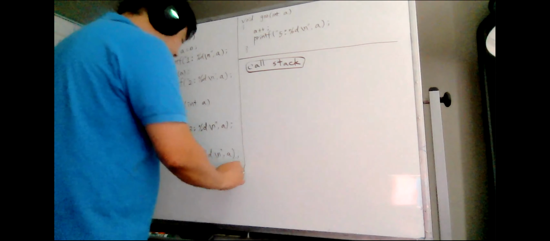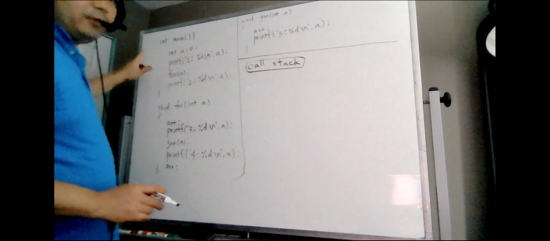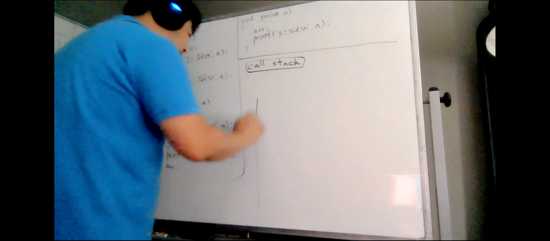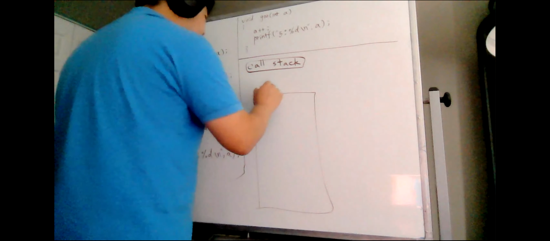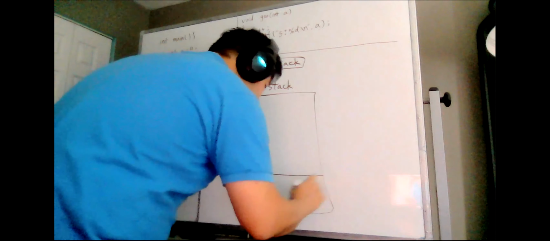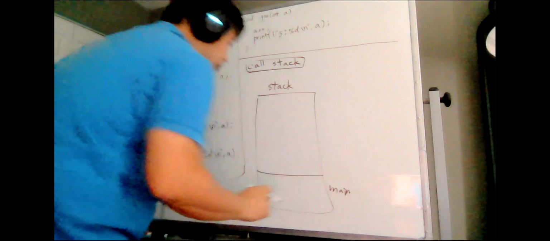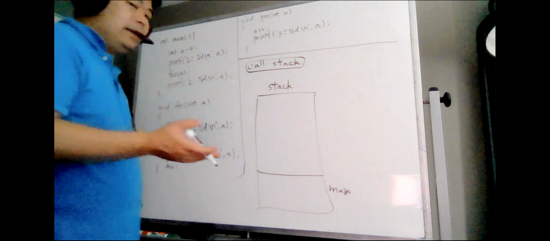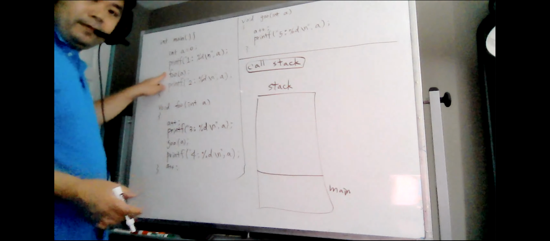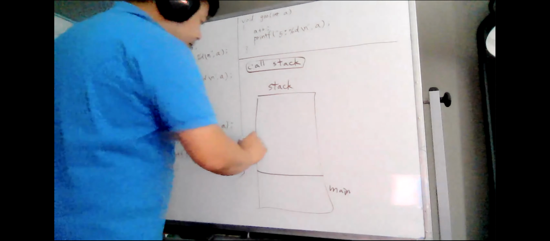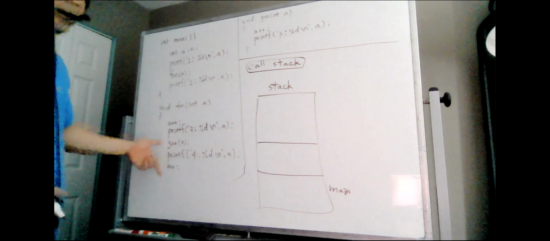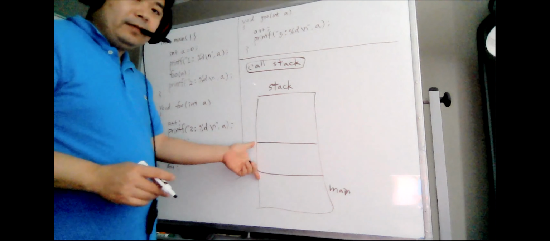The variables and the storage for these functions are stored in some part of memory called the stack. So why is it called stack? Because if the main function calls another function, in this case foo, the memory for the local variables of foo will be stacked up. That's why it's called stack.